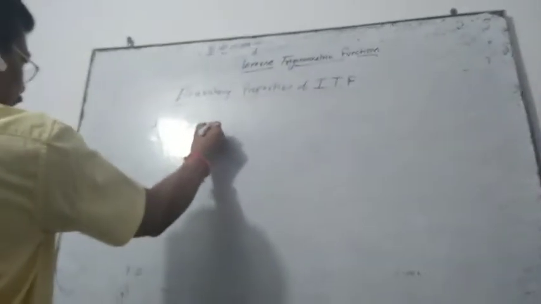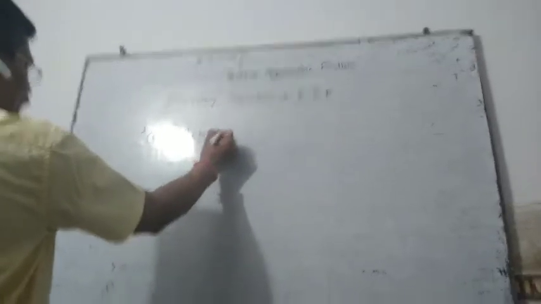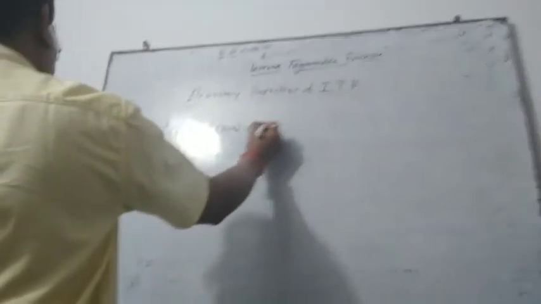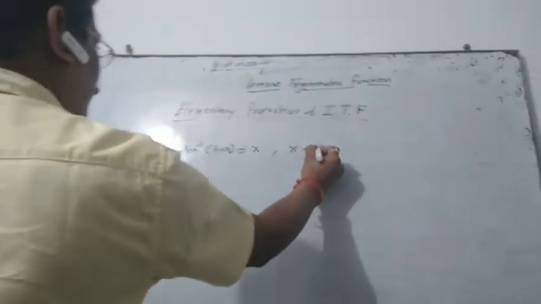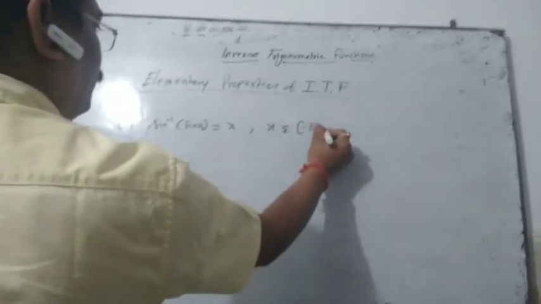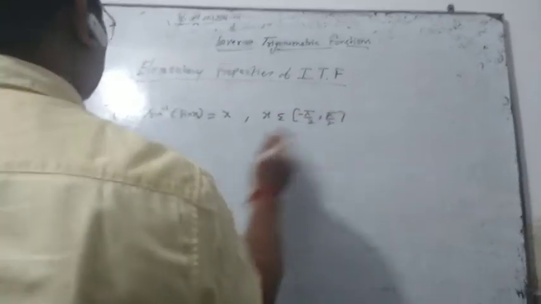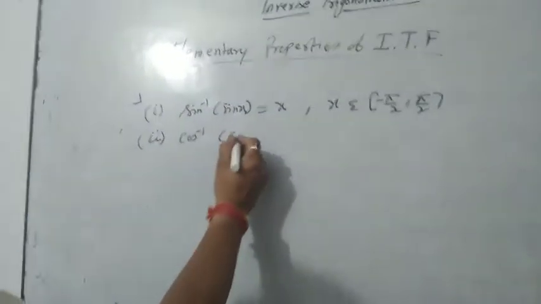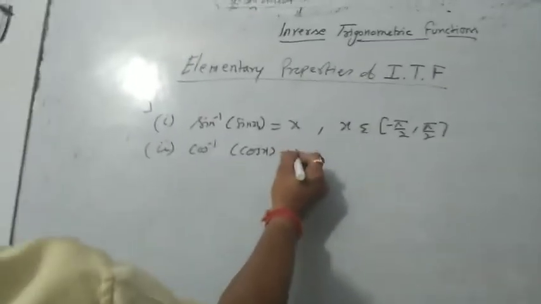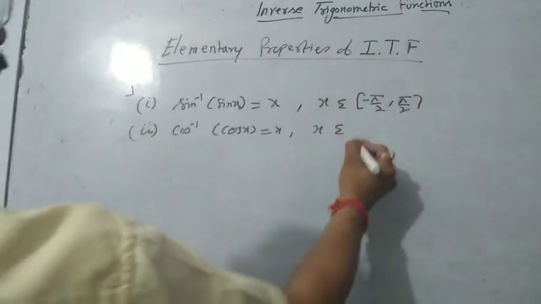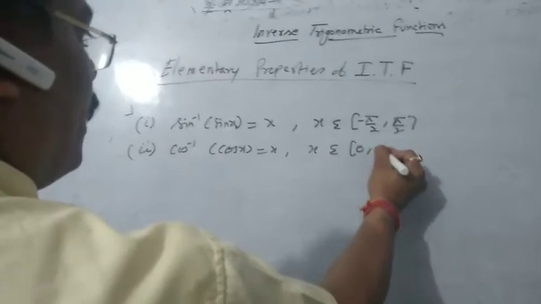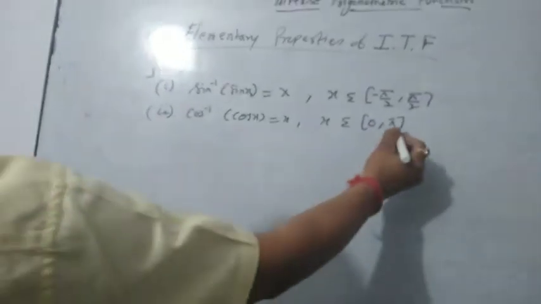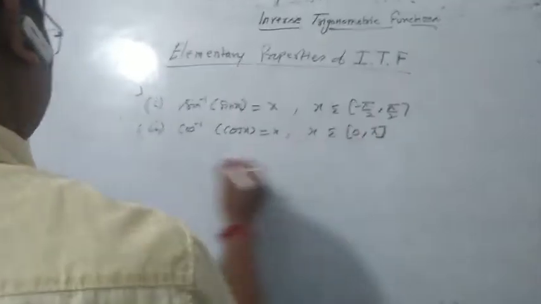First, sine inverse sin x is equal to x, where x is an element of minus pi by 2 to pi by 2. This is the principal branch. Second, cos inverse cos x is equal to x, where x is an element of 0 comma pi. 0 comma pi is the principal branch.